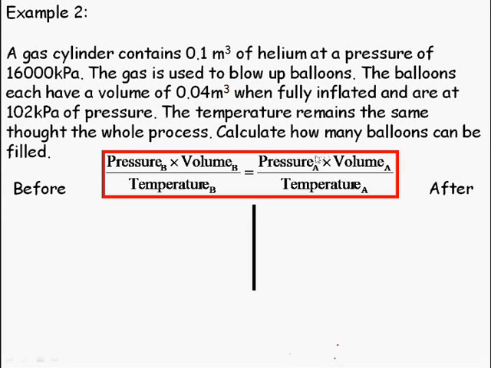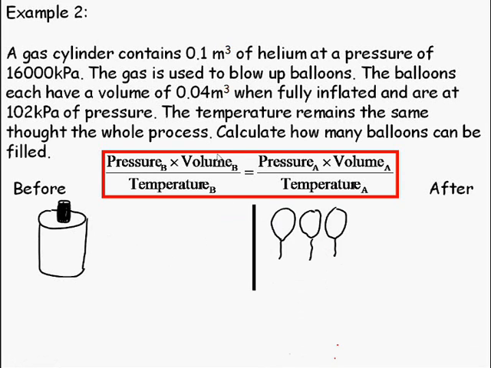Now, because it's a bit of a trickier question, I'm going to draw a picture. Whenever I don't understand something very well or I find something difficult in physics, I just draw a picture to try and simplify things. So we have a cylinder before, and we have a number of balloons, but we don't know how many balloons we're going to have afterwards. The cylinder is at a pressure of 16,000 kilopascals with a volume of 0.1 meters cubed.